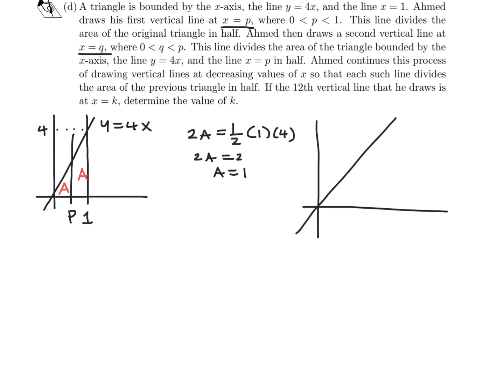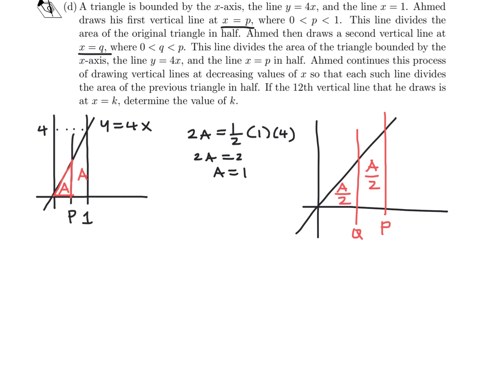So you're just taking this A triangle this time, just this one, and this would be p. Then they draw another line, q. Wherever q is, that's q, and they're saying that then cuts it in half again. So therefore this is A over 2, and this is A over 2.